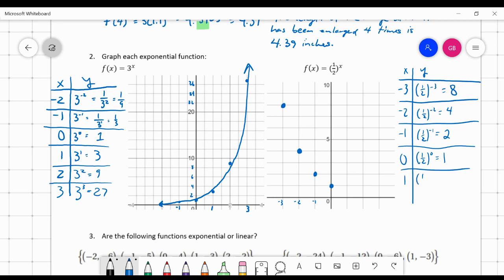And you plug in 1. 1/2 to the first power is 1/2. That's 1, 2, 3. Let's do one more. 1/2 to the second power is 1/4, which is about here. And we're going to connect these with a nice curve.